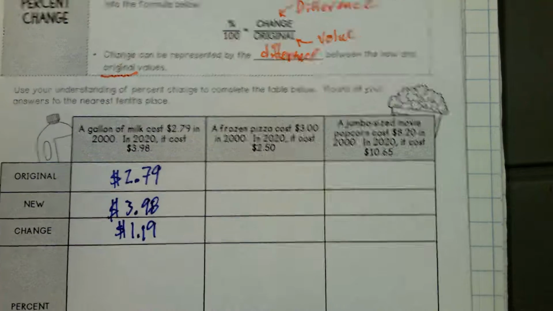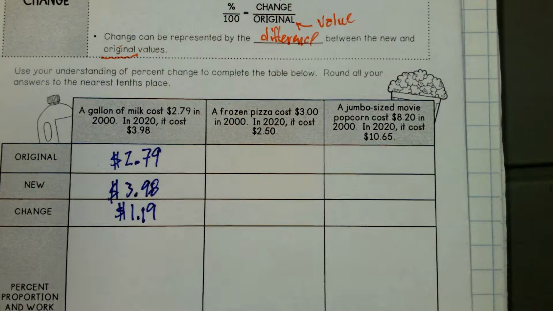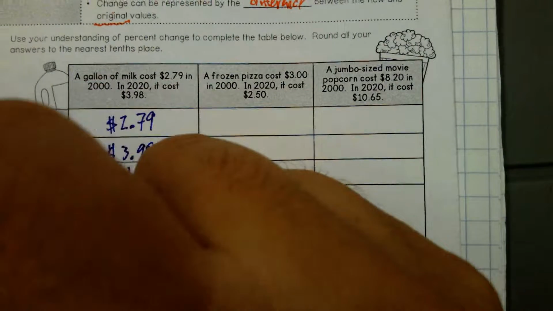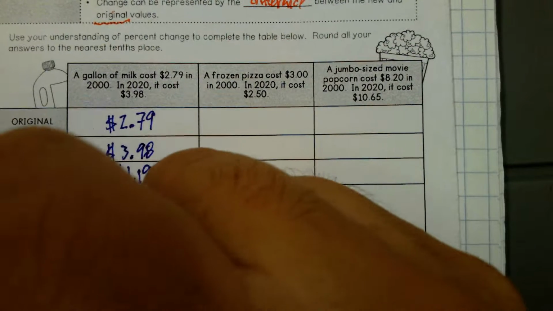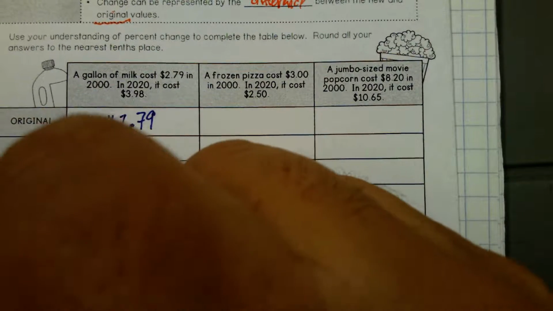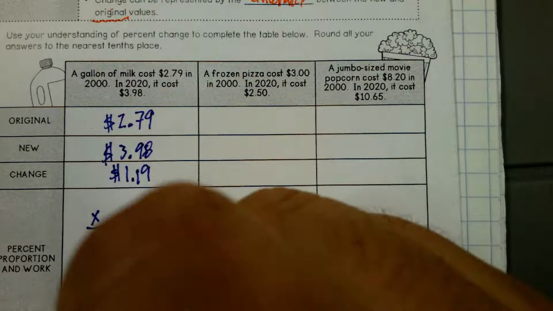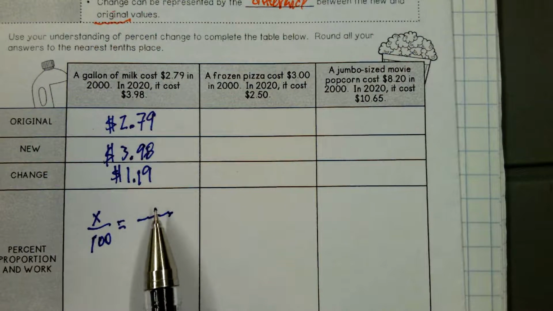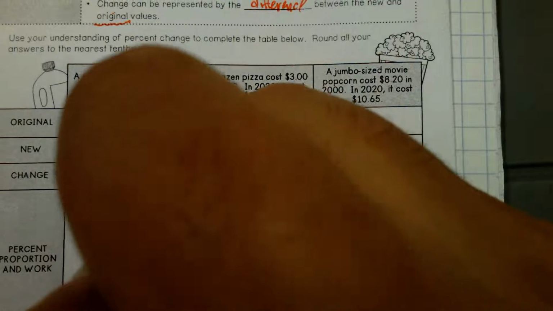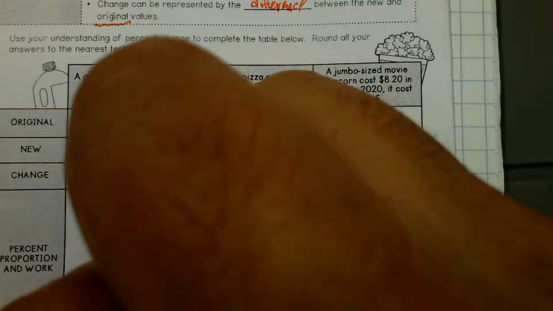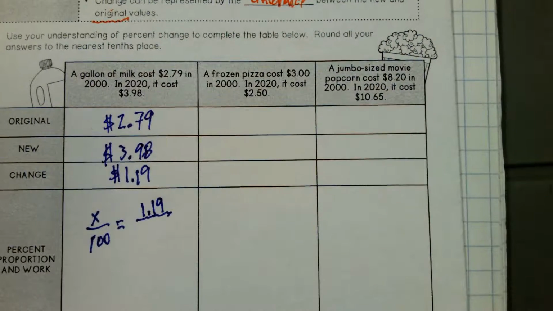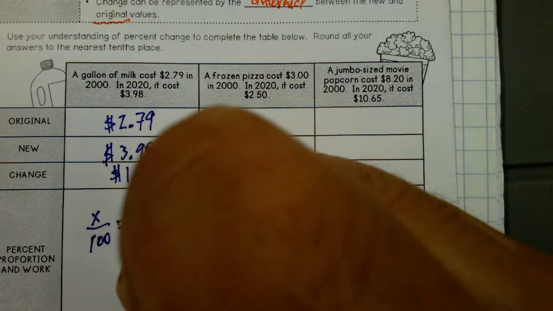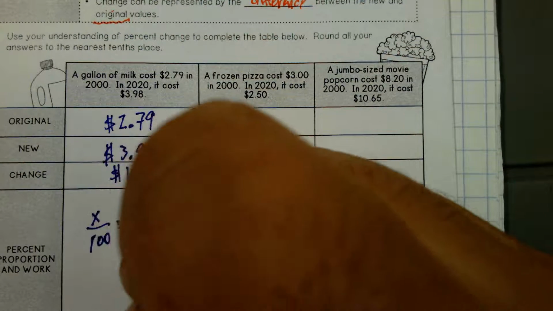Now we're going to set up the percent proportion. The thing we have to find is the percent over 100. And that has to be the same as the change in value, which in this case is 119, over the original, which is the price in 2000, which is 279.